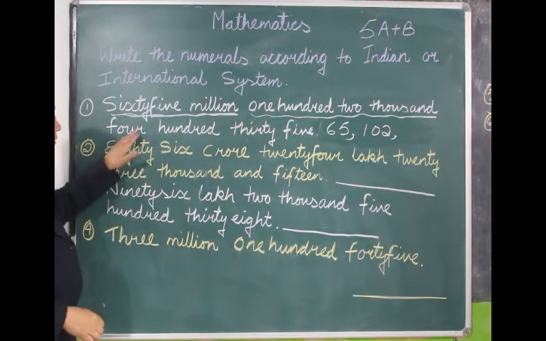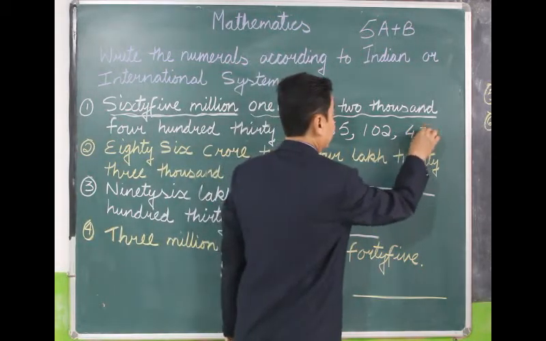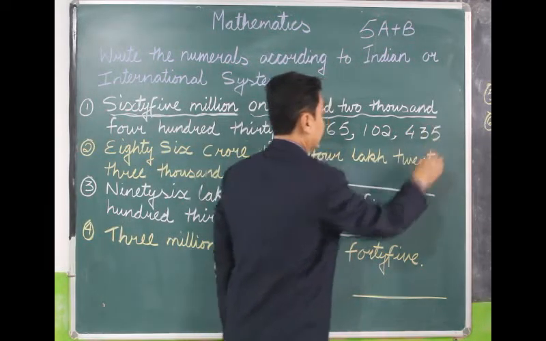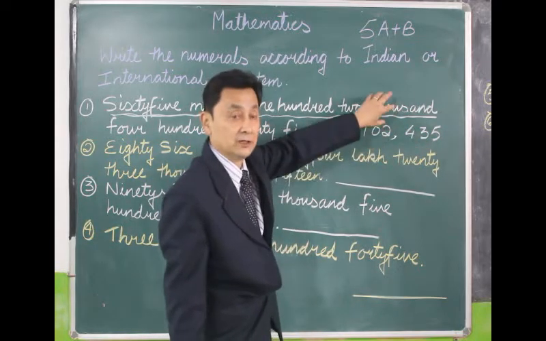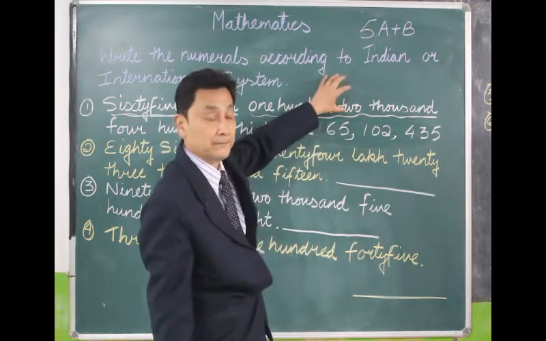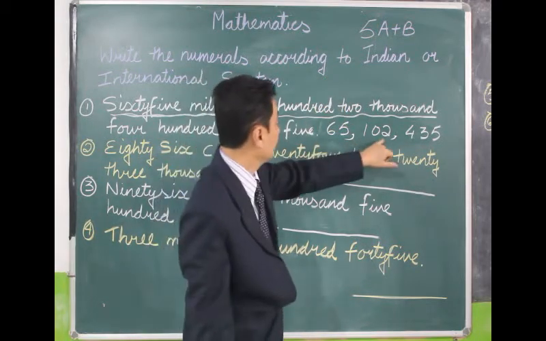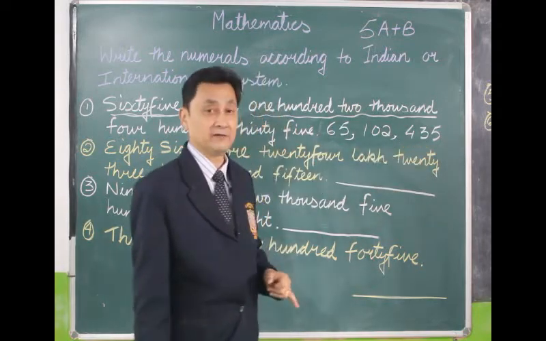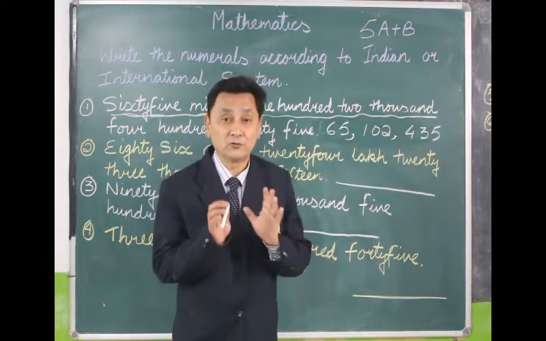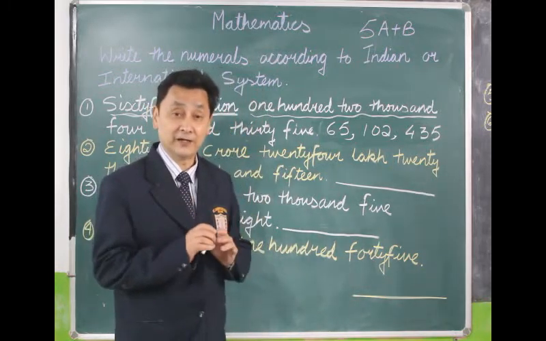It says 435. Now let's check. For these 3 units, 1,000. These 2, million. 65 million. Very good. 102,435. Wasn't that easy? So if you go by place value, you will understand very clearly.